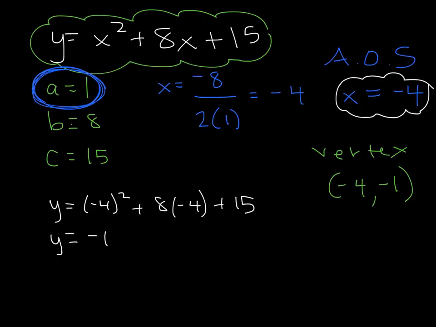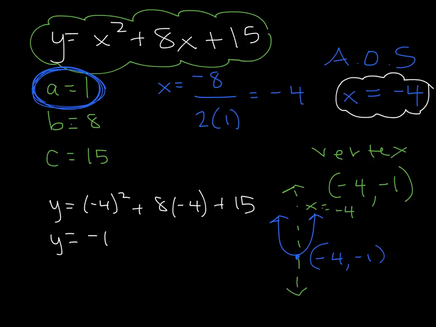Therefore, I know that my graph must open up. I'm going to go ahead and label my vertex at negative 4, negative 1, because that's an important piece of information. And I'm going to go ahead and put my axis of symmetry on there and label it as x equals negative 4. Those are the only two things that I know about this graph at this point.